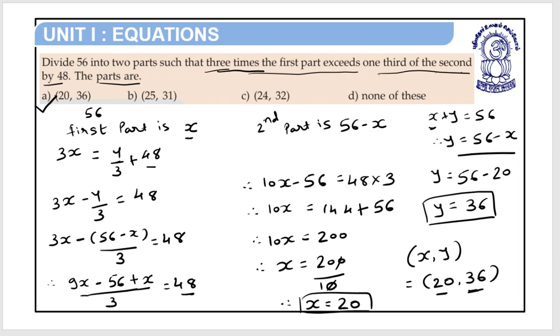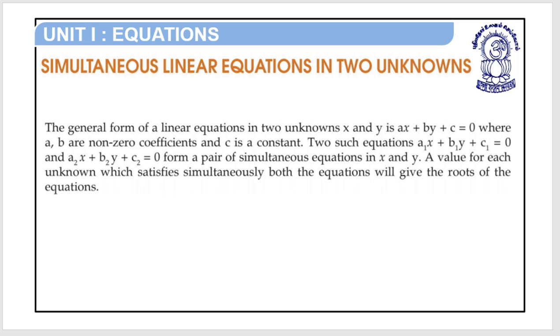Now move to the next slide. Simultaneous linear equations in two unknowns. The general form of a linear equation in two unknowns, x and y, is ax plus by plus c is equal to 0.